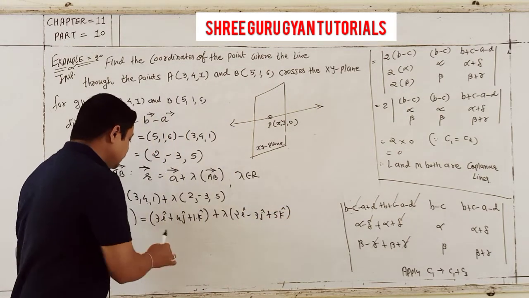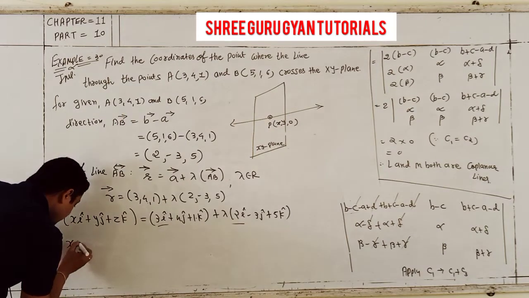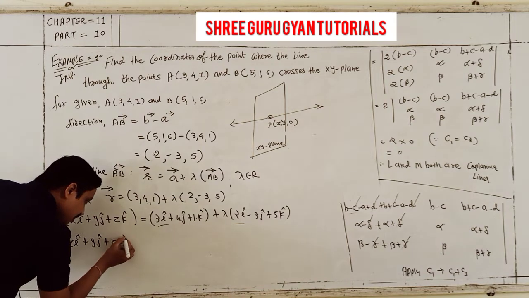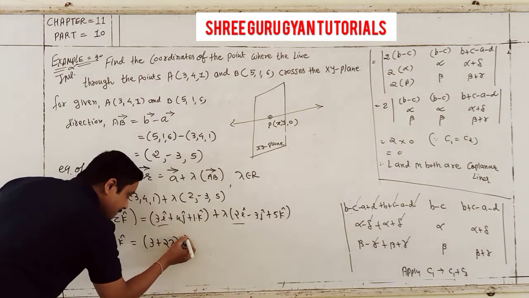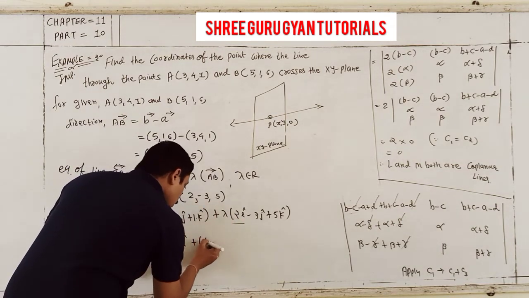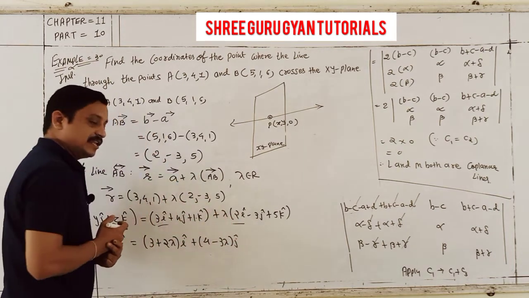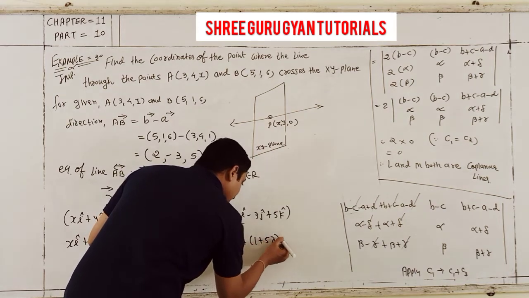Now add 3i and 2 lambda i, so you will cover xi. So xi plus yj plus zk is equal to 3 plus 2 lambda i. Similarly, students, 4 minus 3 lambda j, and last 1 plus 5 lambda k.